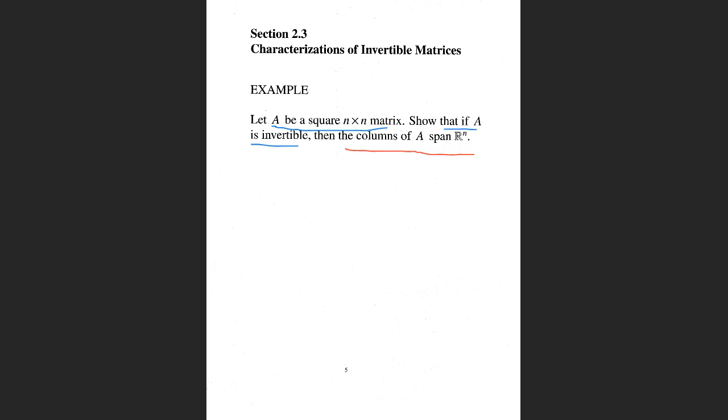So this is statement A, A is invertible, and the columns of A span Rn is statement H. We're trying to show why statement A from the invertible matrix theorem implies statement H. Let me give you a moment to catch up here.